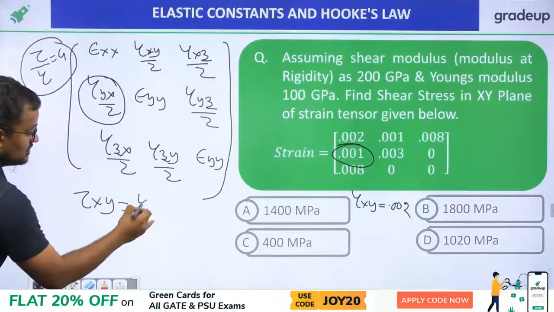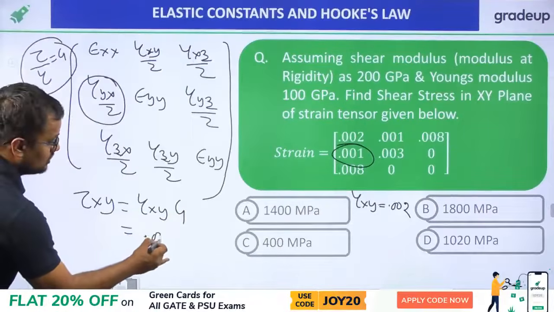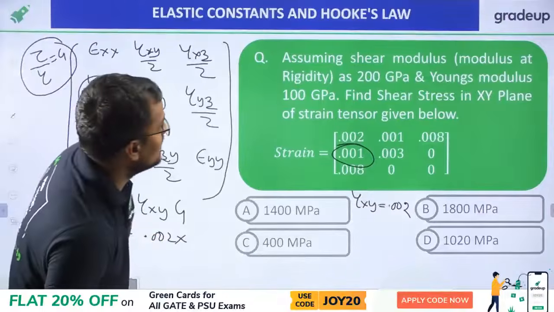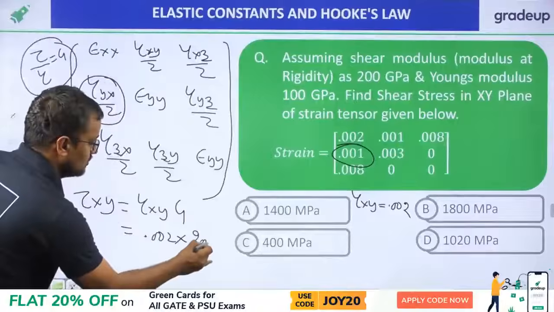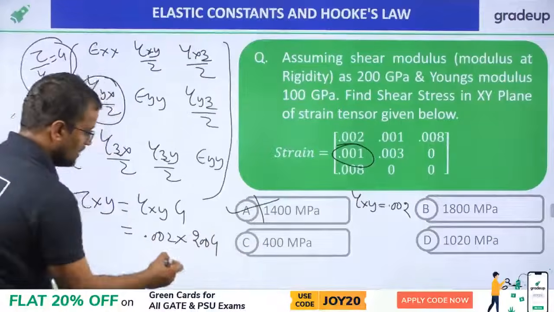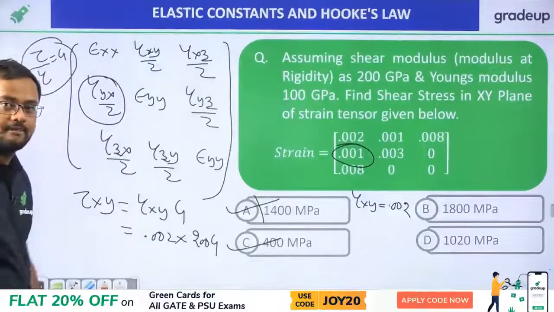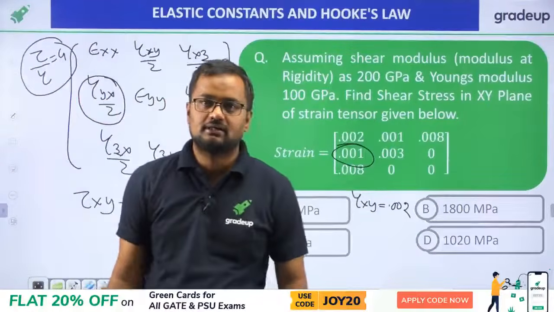Shear strain into G. It is 0.002 into G. G is given 200 gigapascal. So answer will be like this. No, sorry, 200 into 0.2, that will be 400 megapascal. Okay. Aman is correct, 400 megapascal.